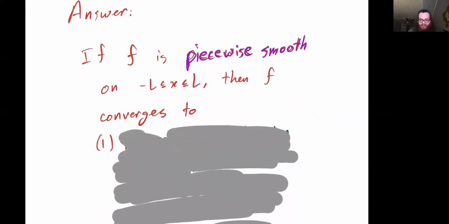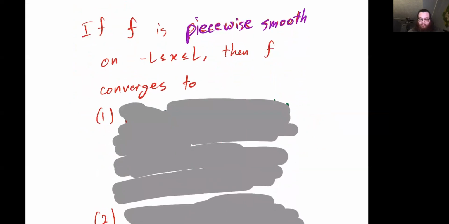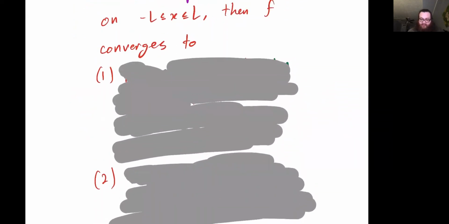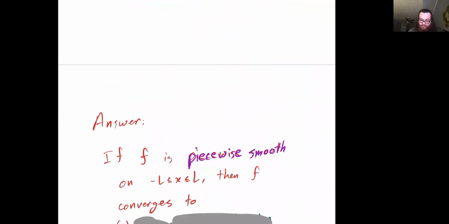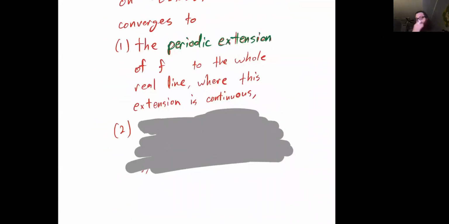Okay, so if f is piecewise smooth on the interval we care about, then f converges to one of two things. Either one, it converges to this periodic extension of f to the whole real line, wherever this extension is continuous.